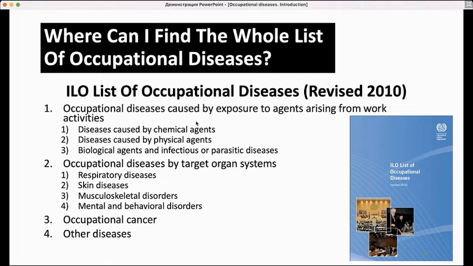Again, at the international level, we have a document named the ILO list of occupational diseases, where you can find the disease and its relation to some harmful agent. For example, we said that an anesthetist being alcoholic isn't occupational because, firstly, alcoholism isn't included in that list, and secondly, there is no strong relation between alcoholism and work.